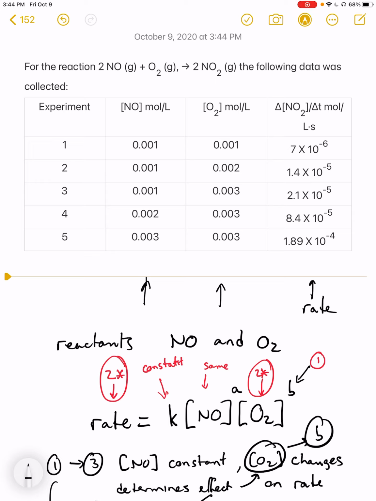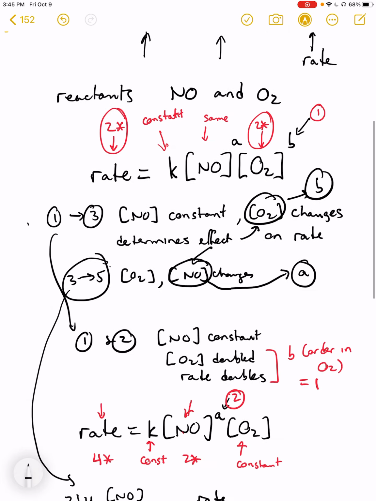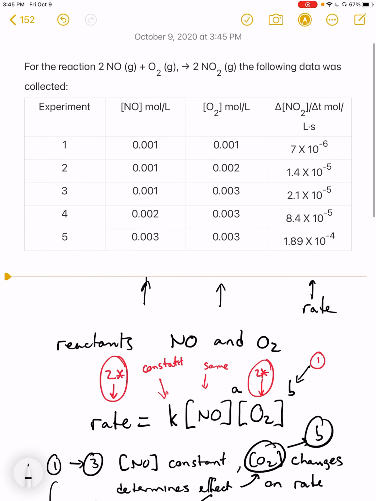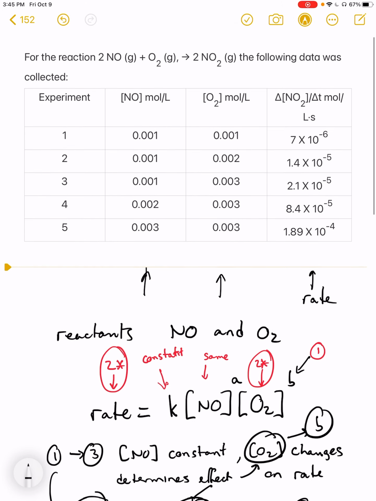So from experiment 1, I have my NO and my O2 molarities are both 0.001, or in other words, 10 to the negative 3. Those are given, okay? My rate is 7 times 10 to the negative 6th for experiment 1.